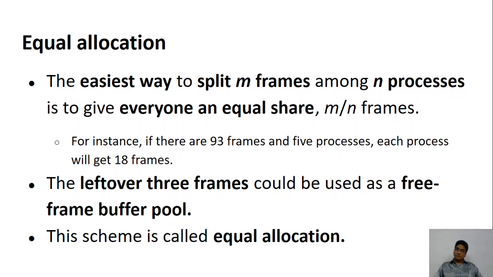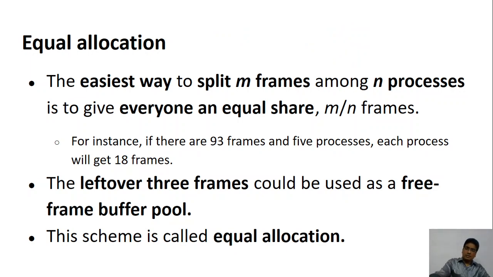Suppose in my machine at a given instant of time I have seven programs running, and I have 50 frames with me. I will divide by 7. Remember, I cannot give 1.5 frames. I will give an integer number of frames to them.